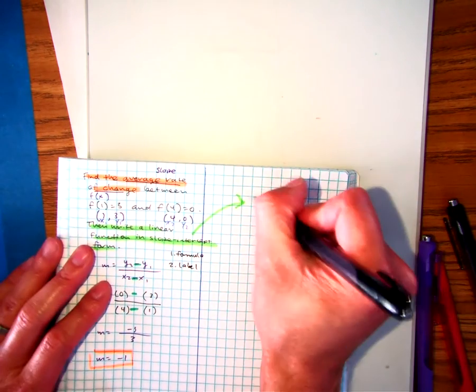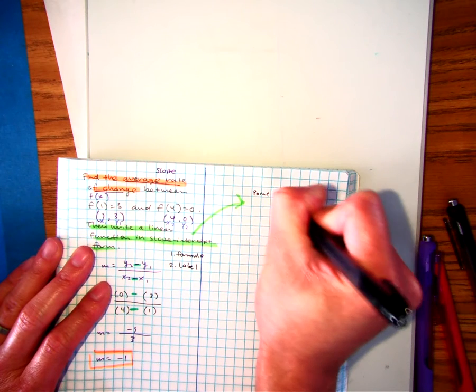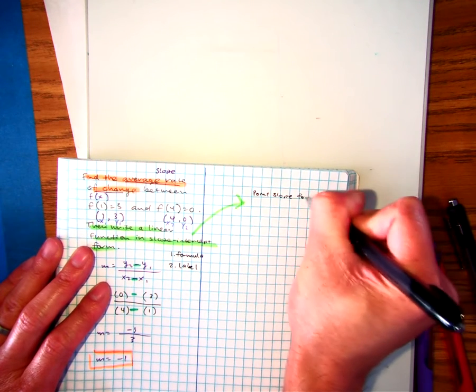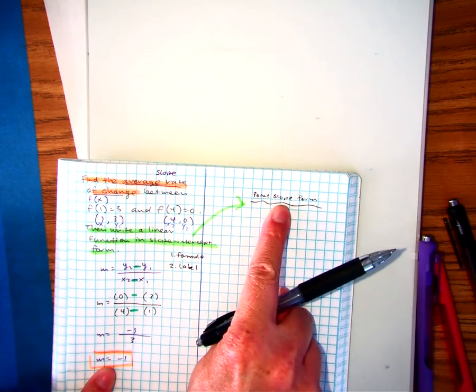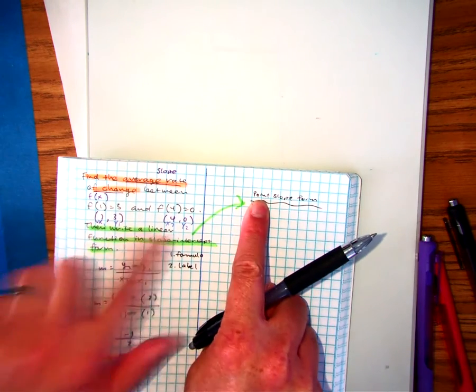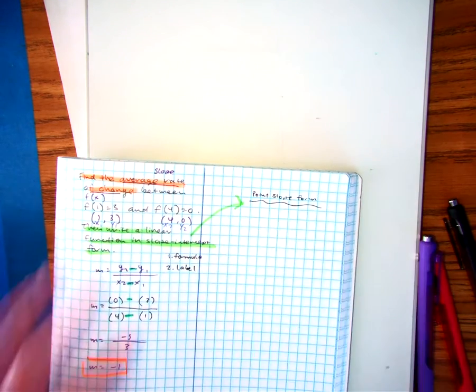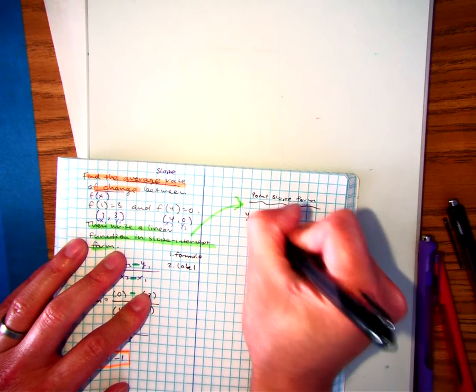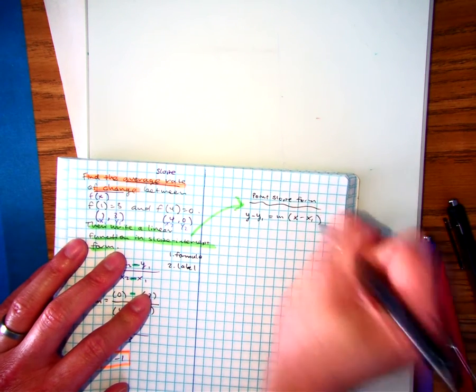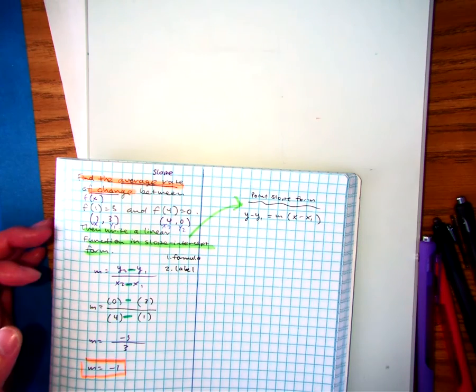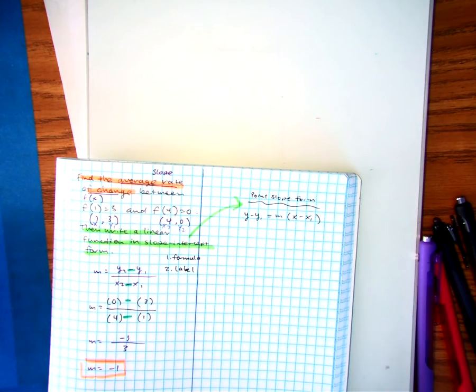Or you can also use point slope form. Now, why would I use point slope form? Well, because I have the slope and because I have a point. Point slope form is y minus y1 equals m times x minus x1. My slope is how much, class?